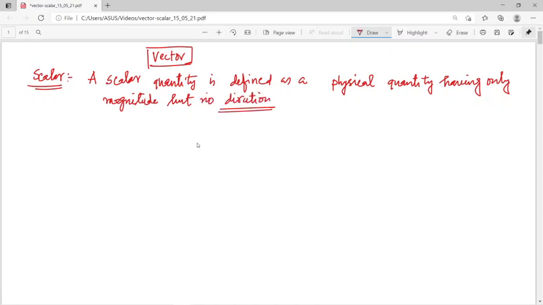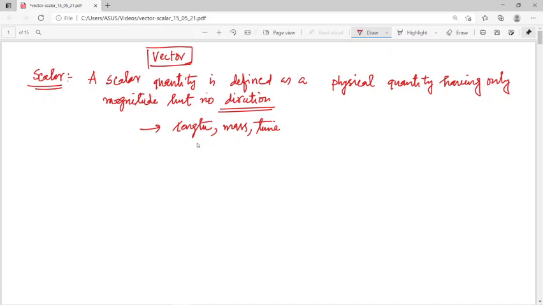That is the basic definition of scalar. And there are some physical quantities like length, mass, time, energy, temperature that are fully described by their magnitude. So that is called a scalar.